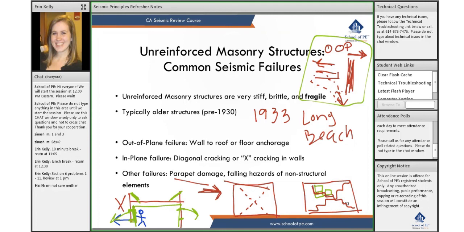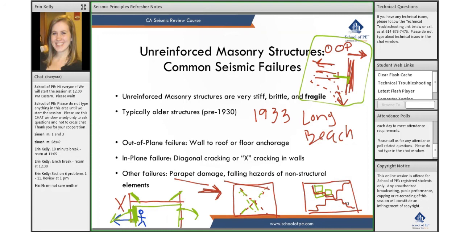And then to avoid this in-plane damage, you're really just redirecting the lateral loads into whatever's next to it. So whether it's a frame or the shear walls, you're taking away the stress that would cause this X bracing. And also, you would try and connect these in whatever way. You'll see that a lot on buildings.